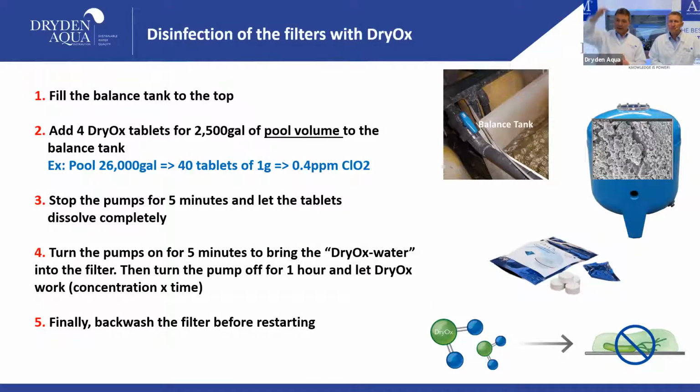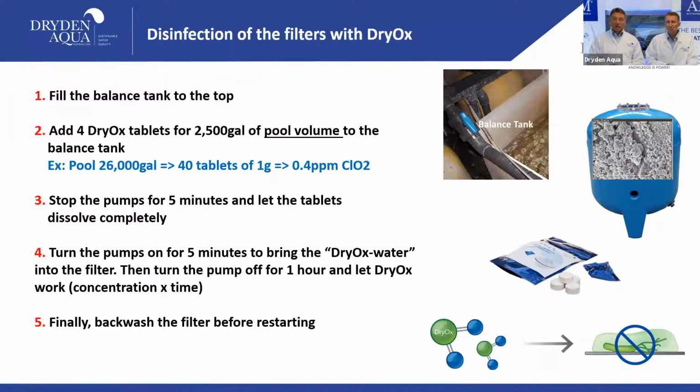This depends on how big your filter is, but it's important that the chlorine dioxide water enters your filter and goes all through it, so that all your filter media is in contact with the chlorine dioxide. Then you stop, and then you wait. I would wait for 60 minutes to make it long, and that really will break up all this biofilm.